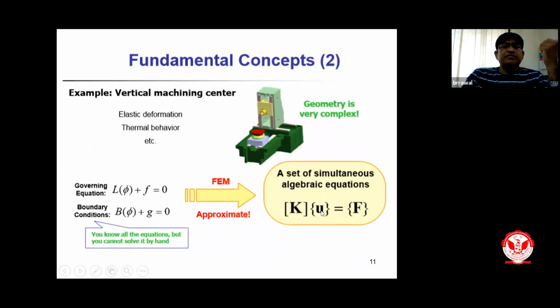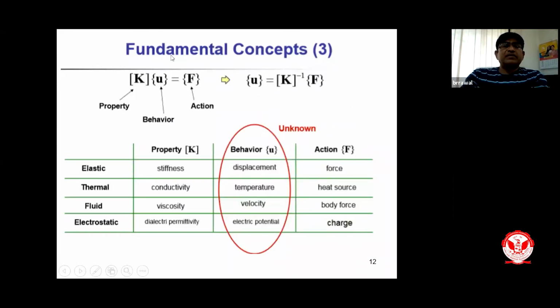Like this, again, this is a property, this is known, and this is the unknown behavior. This is the unknown physical field parameter, and this is the action, what will happen due to the, like in a structural problem we consider here, the action is considered to be the force.